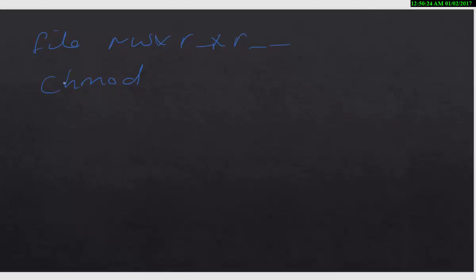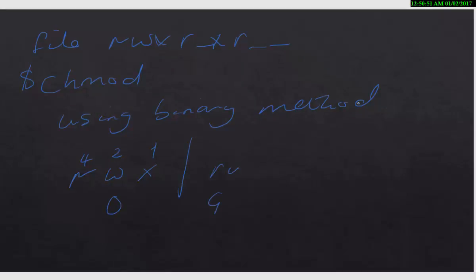So using the chmod command, what would the values be using the binary representation? So the binary method. And again, you can show that an R would be 4, a W would be 2, and an X would be 1. And that's for the owner. And for the group, it's the same. So 4, 2, 1. And for the world, it's RWX 4, 2, 1.